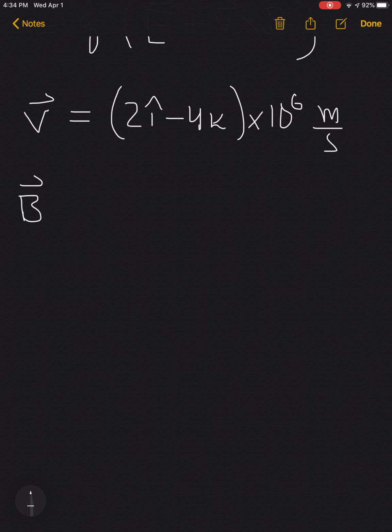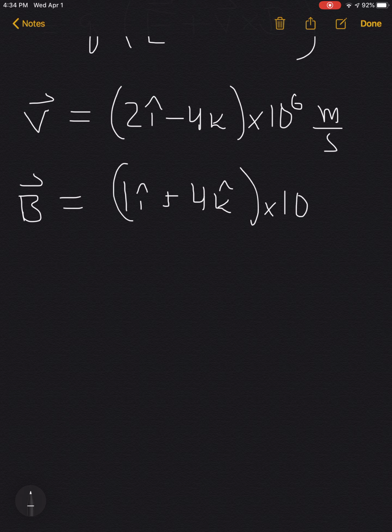The B field, also given, has the value of 1i plus 4k times 10 to the minus 2 Tesla. Okay, very good. So we want to take the cross product and see what happens with these.